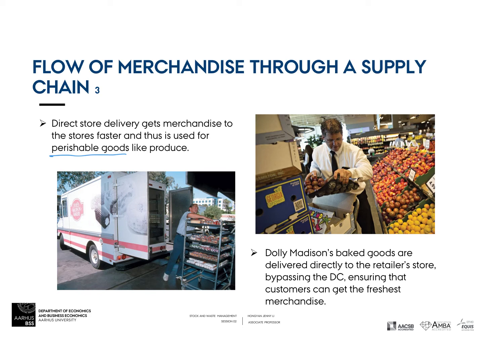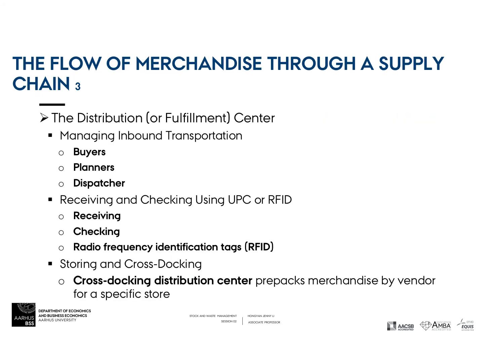Another example, the two examples are the fruits and the bakery products in these slides. In the distribution center, it manages the inbound transportation. There are different roles, and different persons need to control different responsibilities.